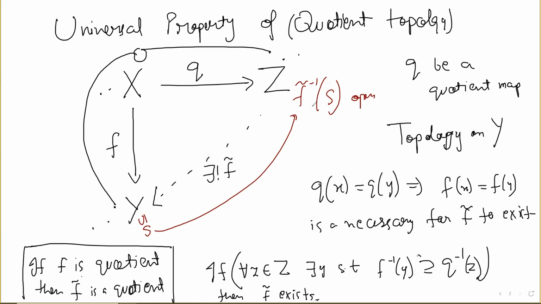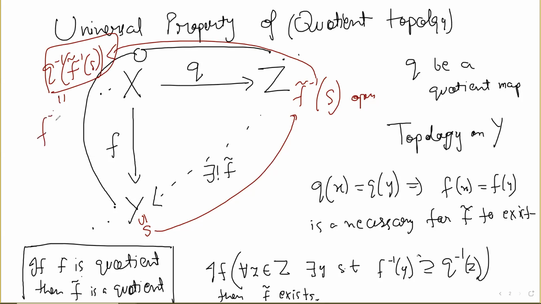So how to do that? Well, this is open implies that its inverse image under Q is open because Q is continuous. But this is open implies S is open because F is quotient. And this is same as F inverse S, and F inverse S is open because F is a quotient map, and so we are done, right?